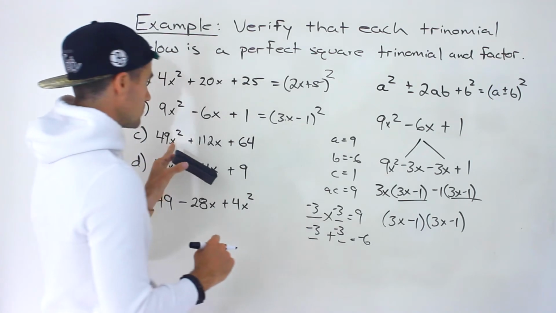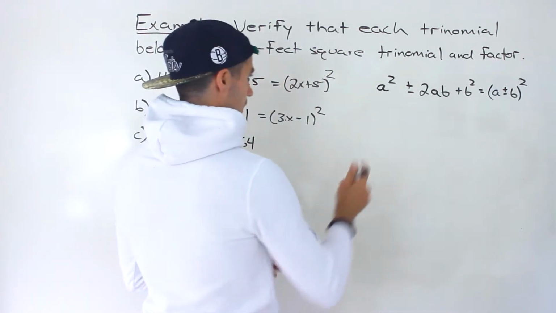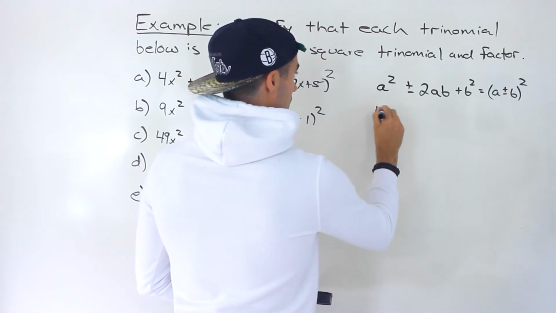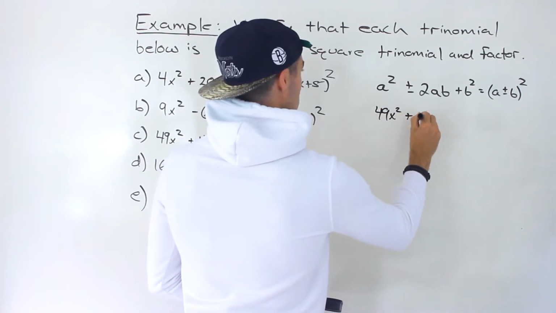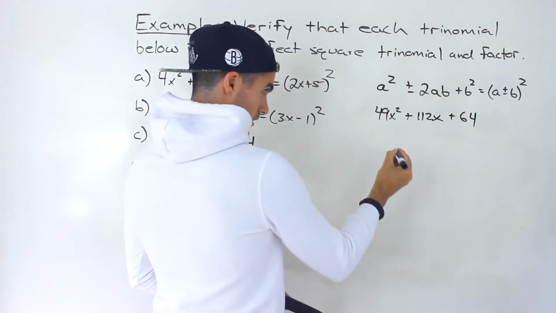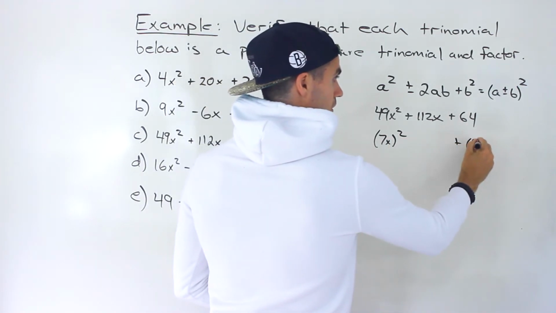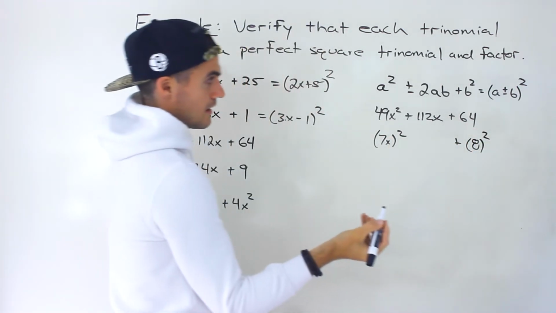Now moving on to part C. So we have 49x squared plus 112x plus 64. Let's work with these ends like that.